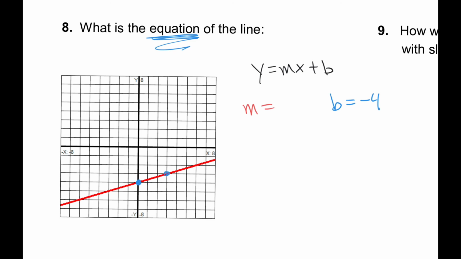So I'm going to have that point there, and the slope will be the rise. So I go up 1, so that's a 1 step, and I go to the right 1, 2, 3 steps. So I have a rise of 1 and the run is 3. So my slope is 1 over 3. When you guys put it together in your equation, it's going to be y equals 1/3 x minus 4.